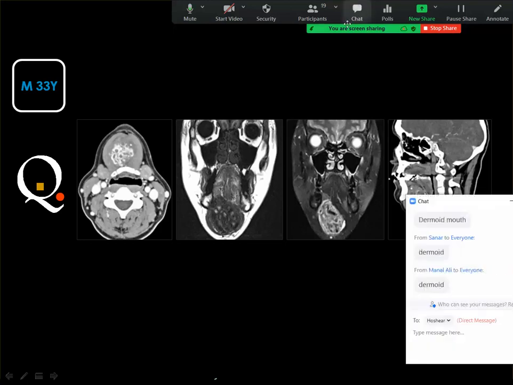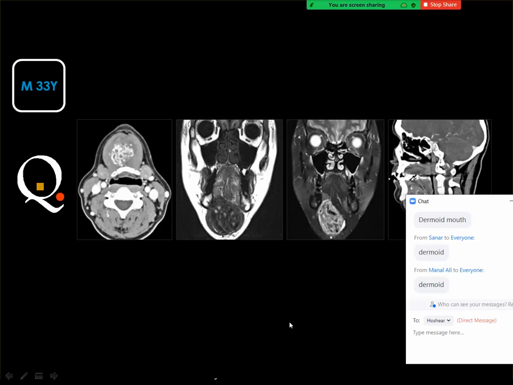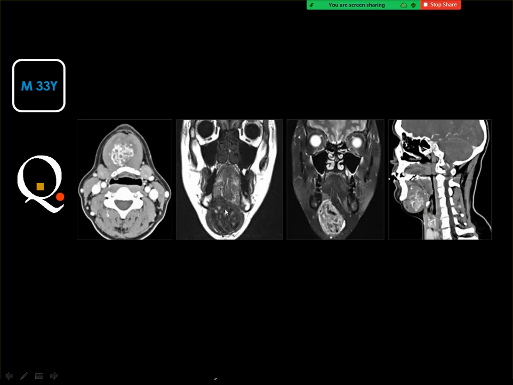Dermoid cyst, and dermoid contains fat, and dermoid is a midline structure, and this is enhancement inside the lesion. And if you look carefully for the lesion before contrast and the lesion after contrast, this is enhancement.